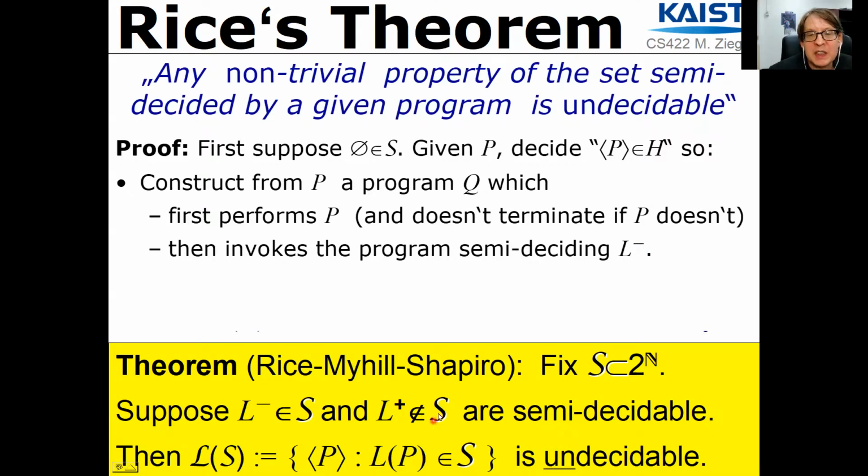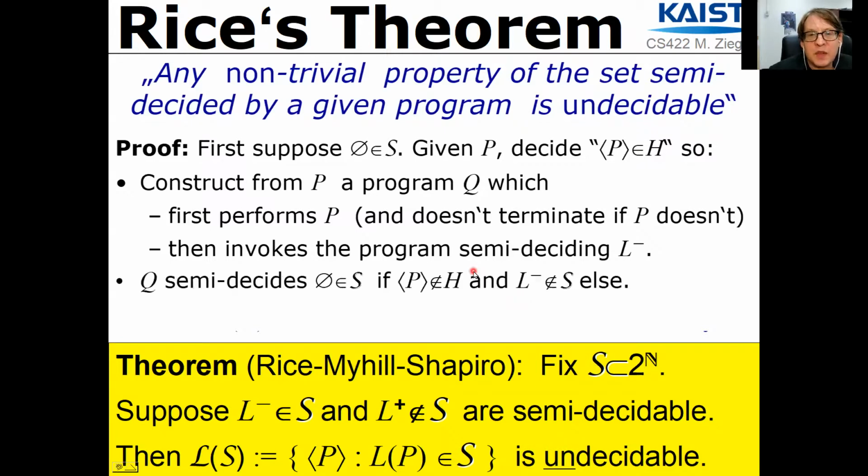So if the given argument P belongs to the halting problem, then the program semi-decides L minus, which does not belong to S, and otherwise it semi-decides the empty set, because if a given program does not terminate, then the new program Q will never get past this simulation and therefore semi-decides the empty set.